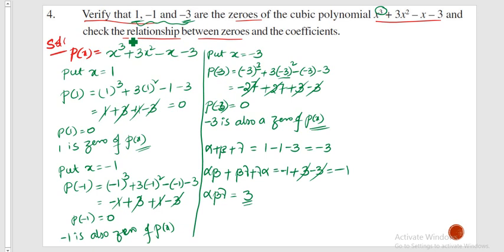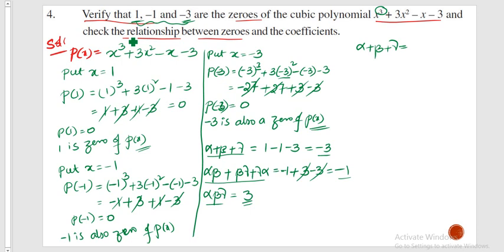Now we need to check the relations, right? So I got alpha plus beta plus gamma value as minus 3, alpha beta plus beta gamma plus gamma alpha value as minus 1, and alpha beta gamma is equal to 3. Now I need to verify the relations. First of all, sum of zeros. What is the sum of zeros?